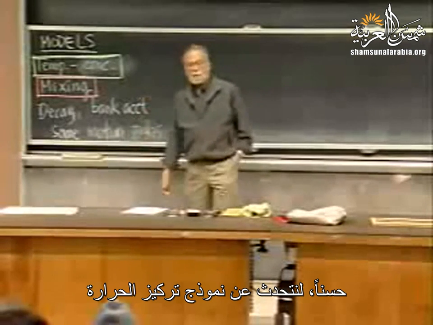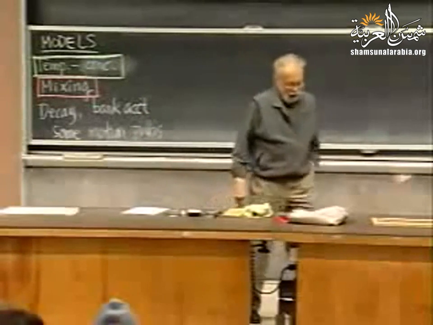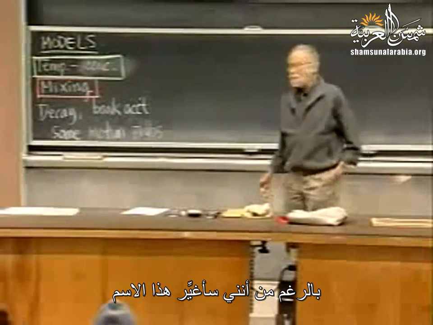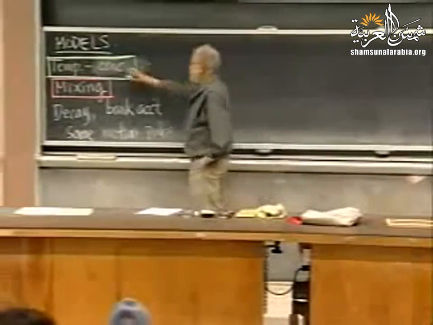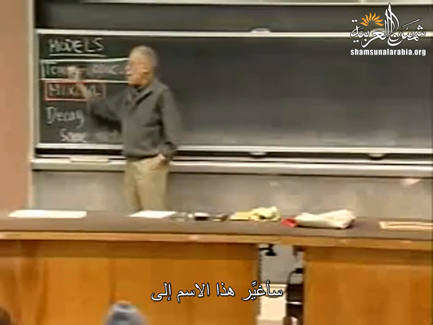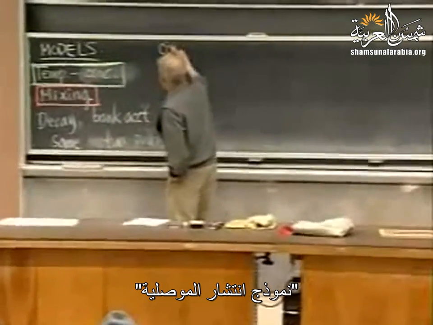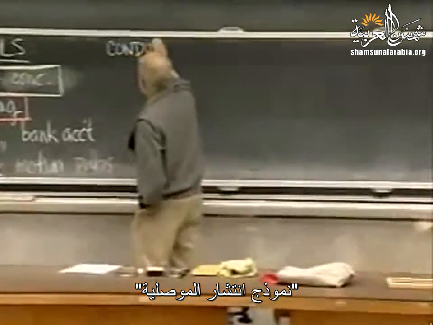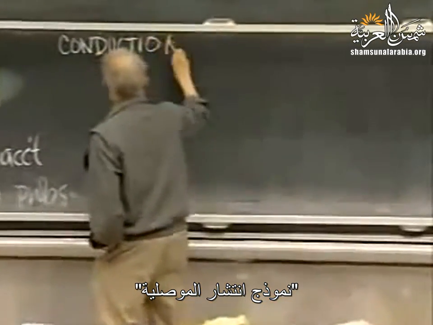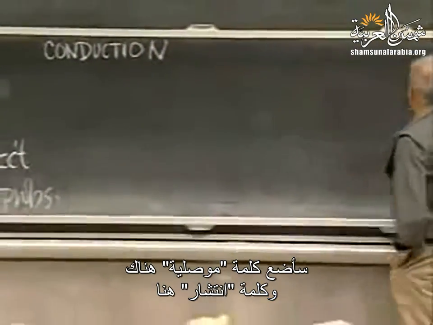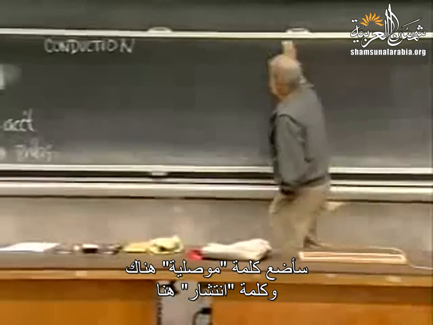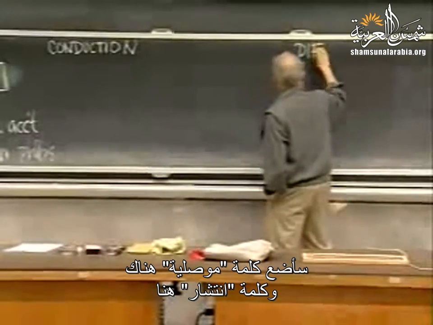So let's talk about the temperature concentration model, except I'm going to change its name to the conduction diffusion model. I'll put conduction over there and diffusion over here, let's say.